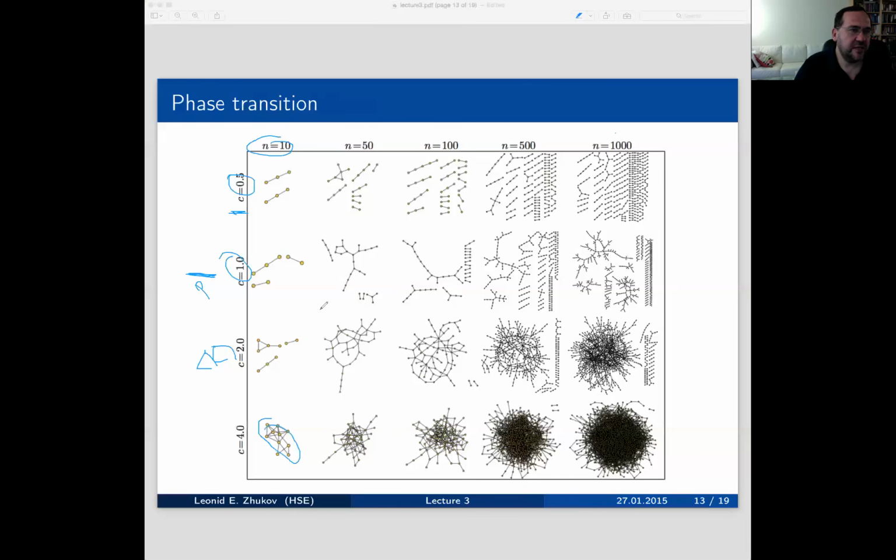When you hit the critical point, they start getting connected into trees, almost all of them trees. When we increase the density of the graph, we start getting loops and cycles, and when the density is very high, you get a sort of hairball where things are very much connected.